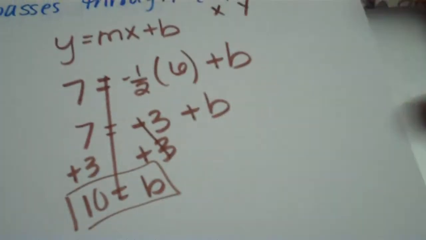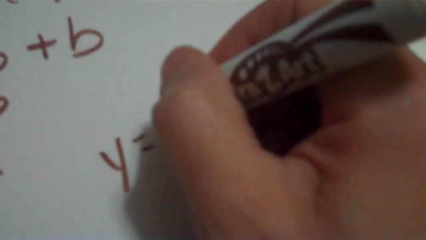Now remember, a lot of you are going to want to stop here, but that's wrong. You need to actually write the equation. So y equals, what's the slope? It told me the slope is negative 1/2, x. And then the y-intercept is positive 10, so put plus 10. If it was negative 10, you'd put minus 10. And that's the equation. Okay?